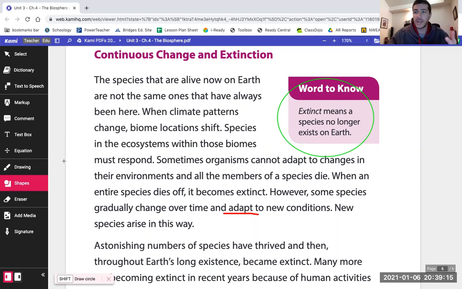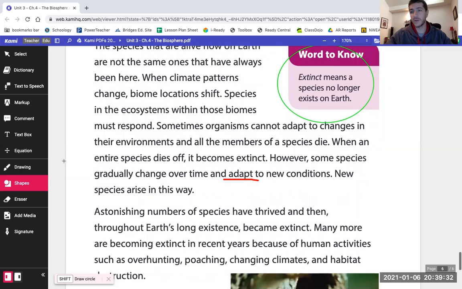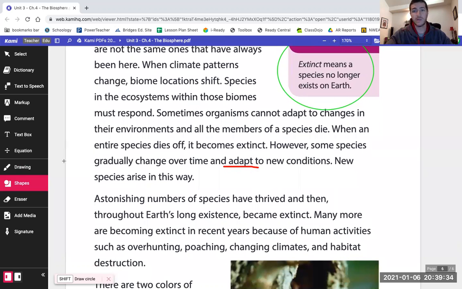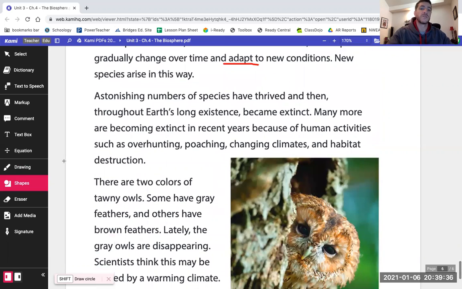Now, we know the word adapt right there, I have underlined. That's an extremely important word for us. Okay, so they are able to overcome certain things that happen in their locations, in their biomes, anything like that. They're able to thrive still. Okay, if they don't adapt. All right. So astonishing numbers of species have thrived and then throughout Earth's long existence become extinct.